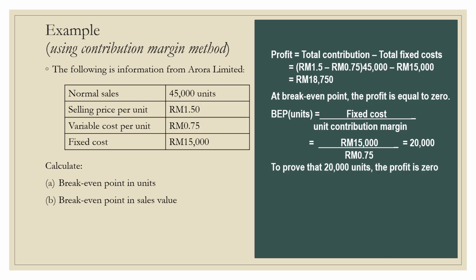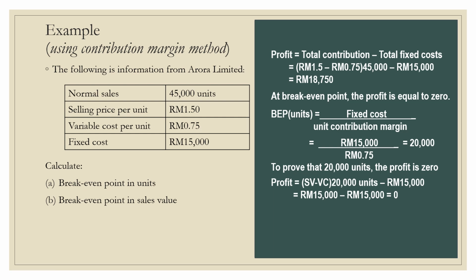To prove that at 20,000 units the profit is zero, profit equals the selling price per unit minus the variable cost per unit.